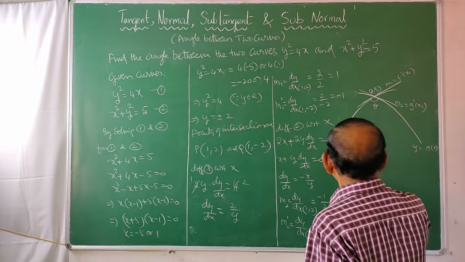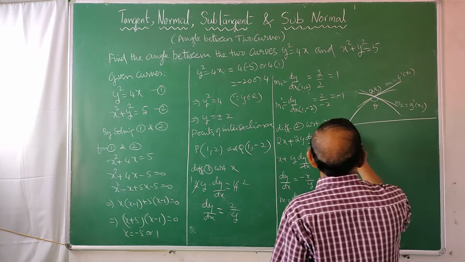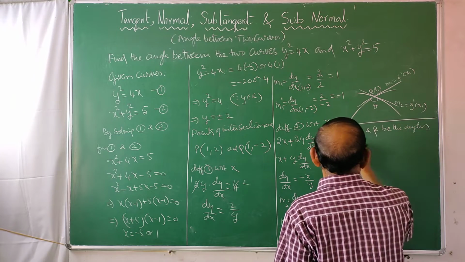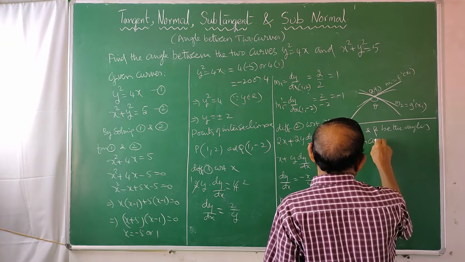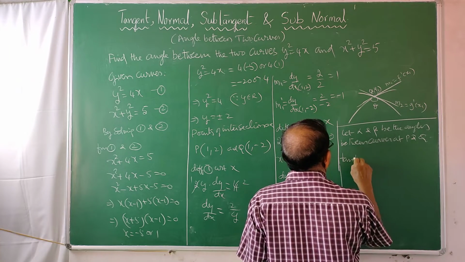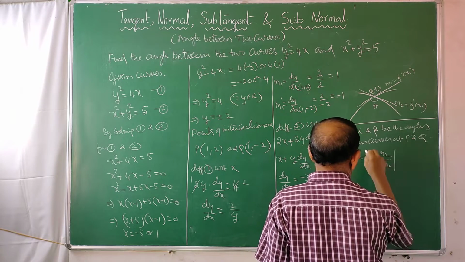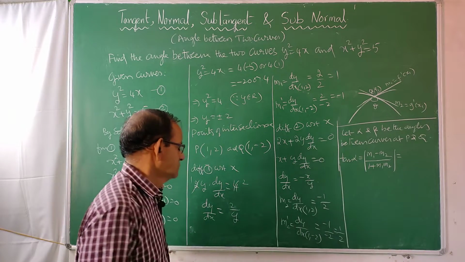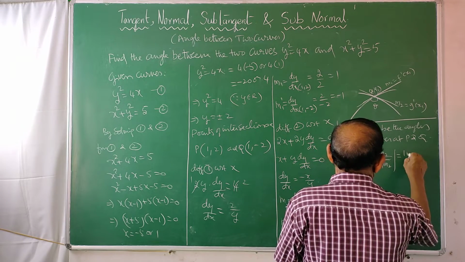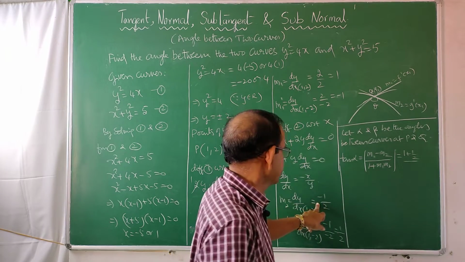Now the curves are intersecting at 2 points, one at P and the other at Q. Let alpha and beta be the angles between the curves at P and Q. First, tan alpha is m1 minus m2 by 1 plus m1 m2. m1 is 1, m2 is minus 1 by 2, so the numerator is 1 plus 1 by 2, and the denominator is 1 plus m1 m2, which is 1 minus half.